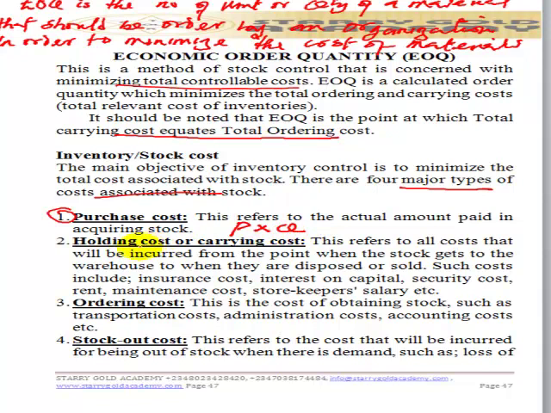Then, we have holding cost or carrying cost. This refers to all costs that will be incurred from the point when the stock or goods get to the warehouse to when they are disposed or sold. So it simply means the cost of keeping the items for safety purpose or for safe custody.